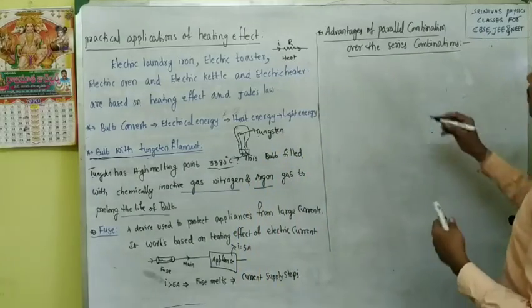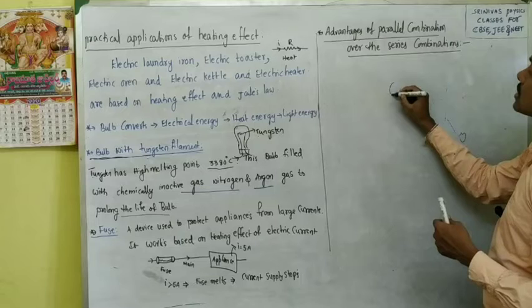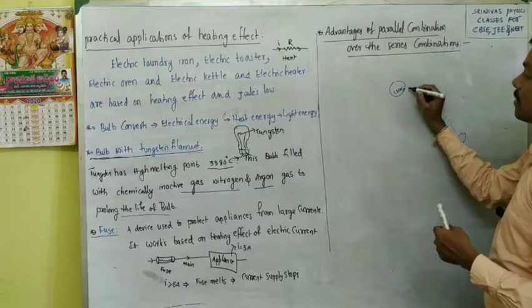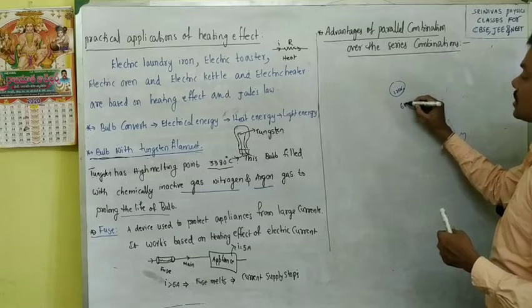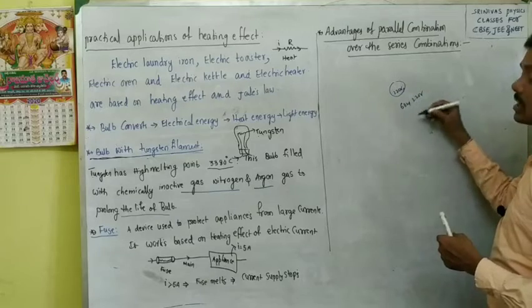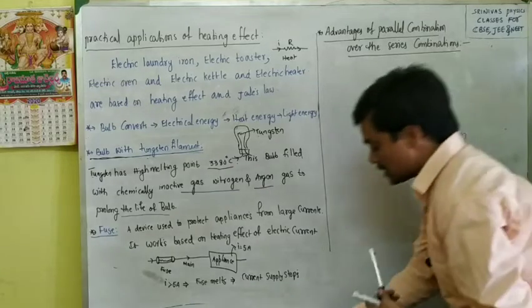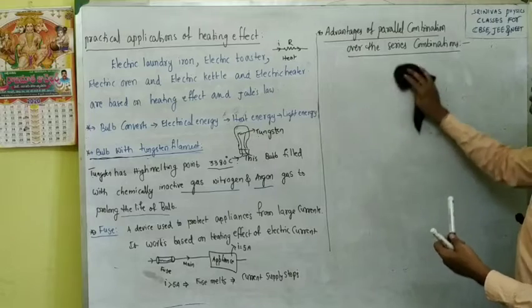On the fan it will be written 220 volts with some power. On the bulb, 60 watt 220 volts. On the television also 220 volts. That means every appliance requires only a potential difference of 220 volts.